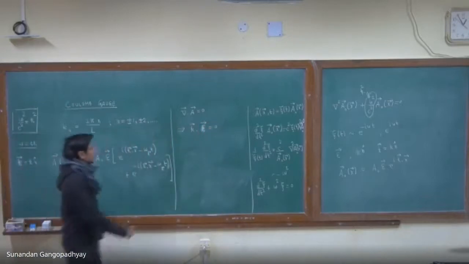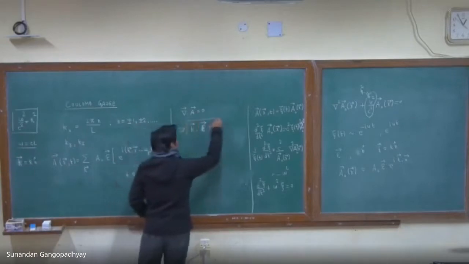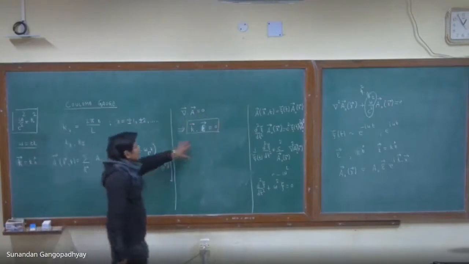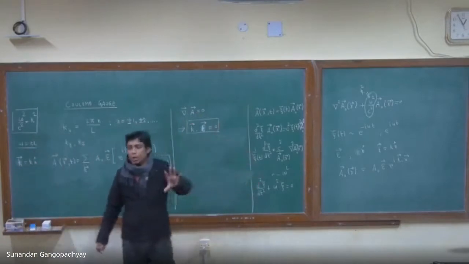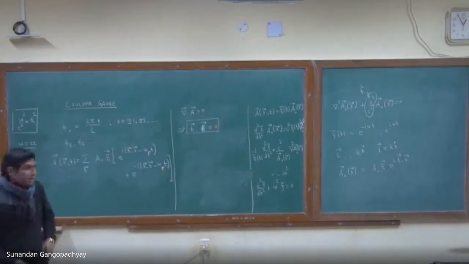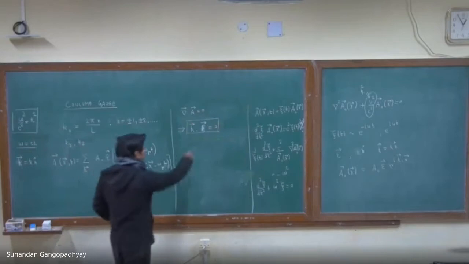So the condition that follows from the Coulomb gauge, with the fact that divergence A is equal to 0, is that the k vector dotted with the epsilon vector, the polarization vector, should vanish.